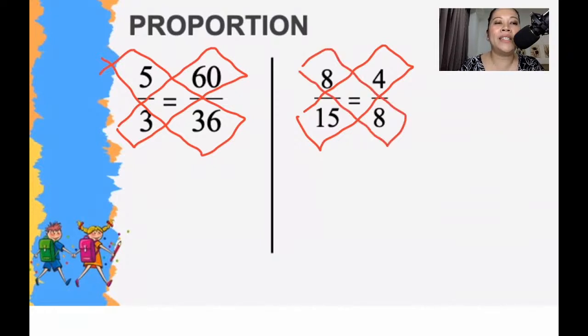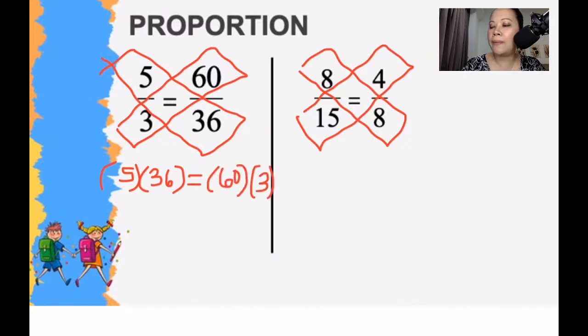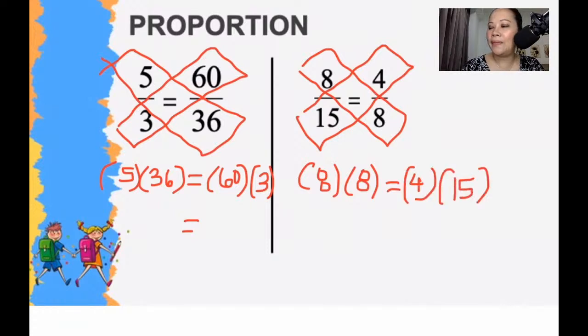So the first one will be 5 times 36 equals 60 times 3. Can you give me the answer? On the other side, we have 8 times 8 equals 4 times 15.